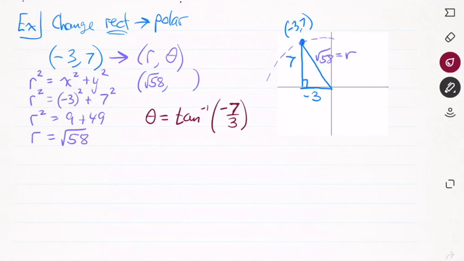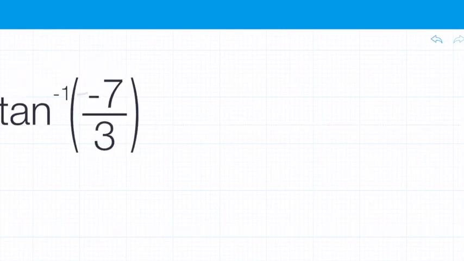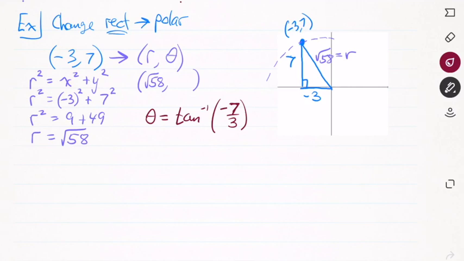All right, so if I get to my calculator and do tan inverse of negative 7 over 3, it gives you negative 66.8 degrees. And negative 66.8 degrees would put us down here in the fourth quadrant.